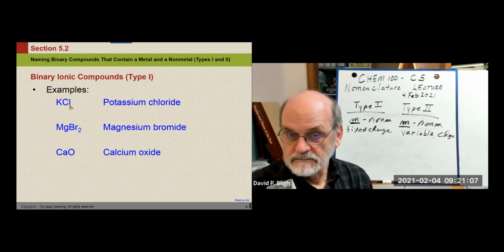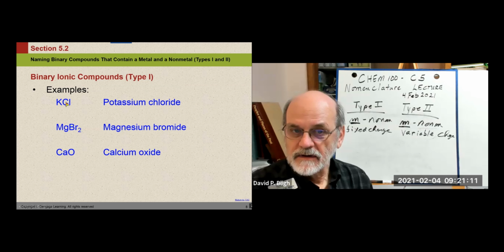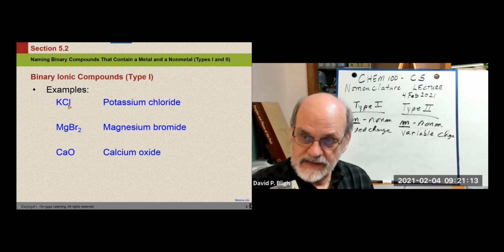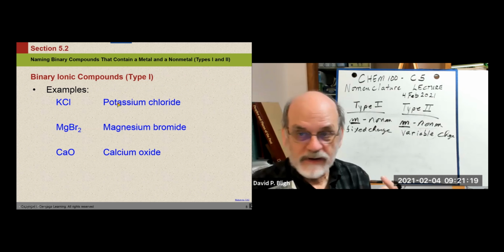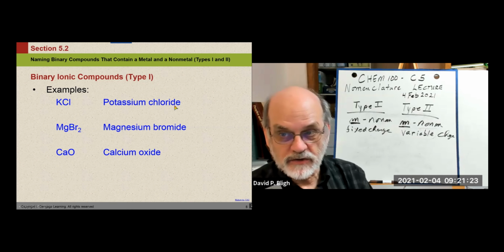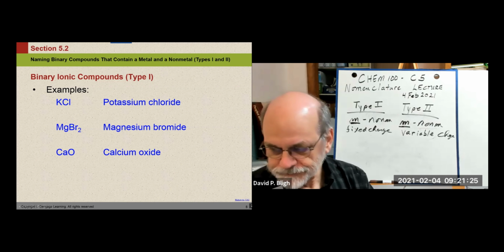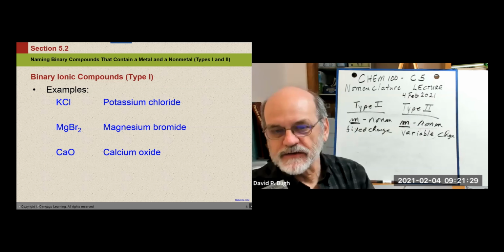Potassium chloride. Is that written correctly? K is potassium. Chloride is from chlorine, Cl. Now, is the ratio correct? Potassium is an alkali metal. It's always +1 charge. Chloride is a halogen. It's always -1 charge. So yes, 1-to-1 balances the charge.